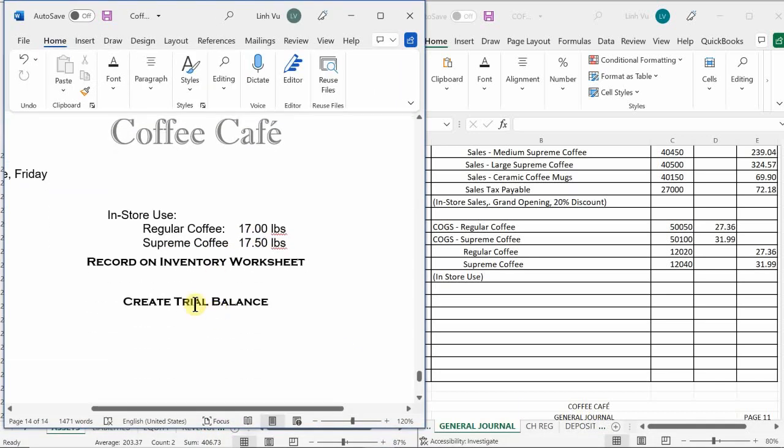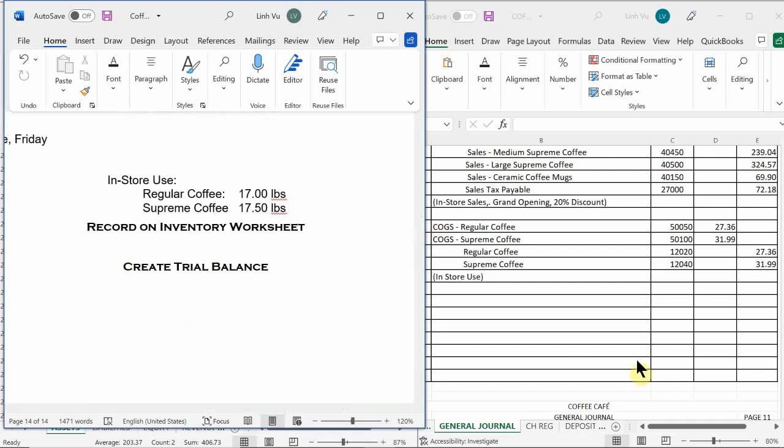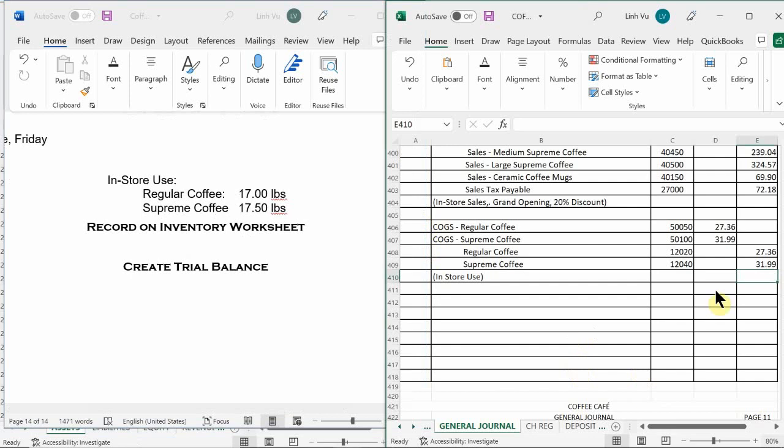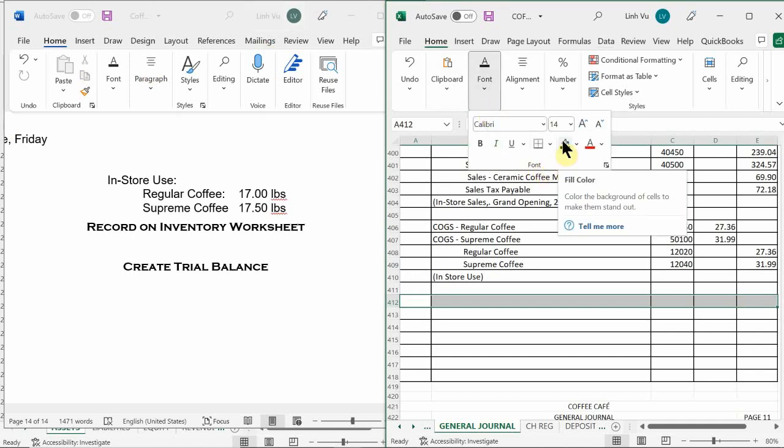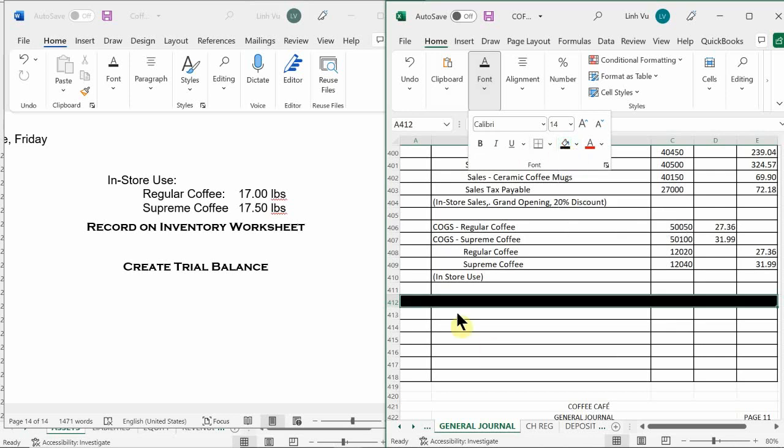So all we have left is to complete the trial balance, and we're done with week 3. Here I'm going to block off this bar to ensure no transactions are going to be before it. So here you go.